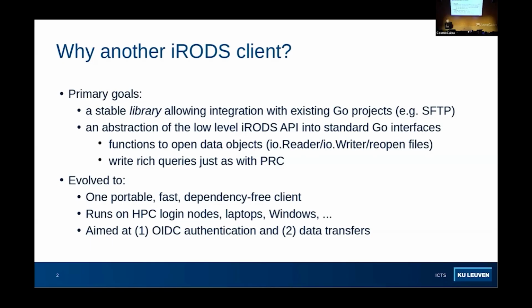There are two slight additions to that. We aimed to integrate OIDC authentication together with the PAM interactive flow in the client to make life easy. And we also looked at optimizing data transfers so that things happen in parallel by default.